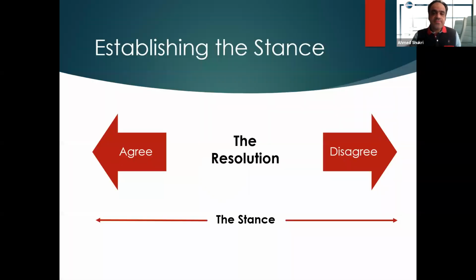To start with, there is a very important technical term to do with debating, and that's called establishing the stance. The stance, or the area of stance, is the transactional intersection between where the resolution stands in terms of agreement or disagreement.